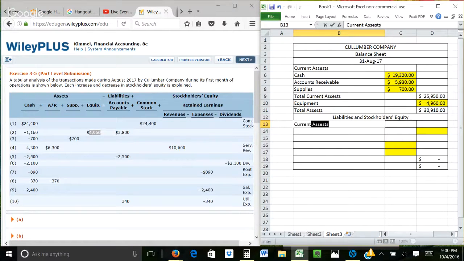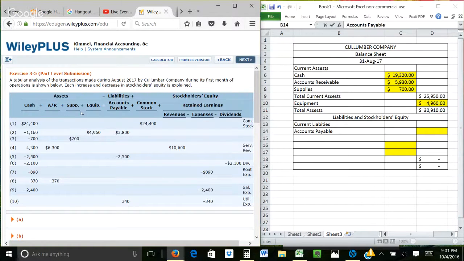And we're going to list as a classified balance sheet. So we're going to list our current liabilities first. And in this case, we only have one. And that's accounts payable. And we see here in the column under accounts payable that we do have $3,800, but then some of that was paid in cash, $2,500, and then we have a little bit more for our utilities expense at $340.